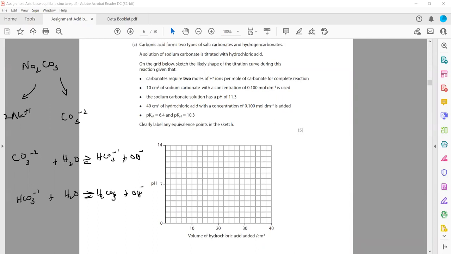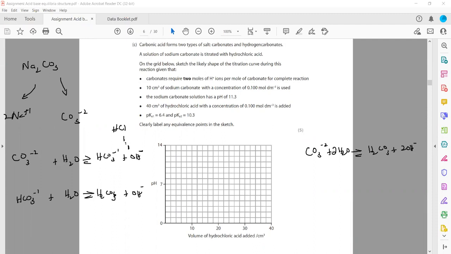So these are the two stages, but we can write it collectively, like the carbonate might react with two water molecules. As it reacts with two water molecules, it will form HCO3 plus 2 OH⁻. So what is the ratio between HCl and OH⁻? If HCO3⁻ is formed, the ratio is 1:1, because one molecule of HCl will react with one molecule of OH⁻.